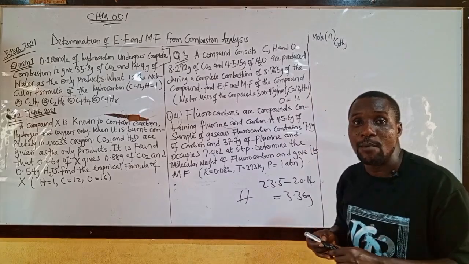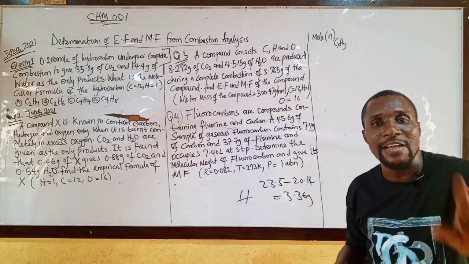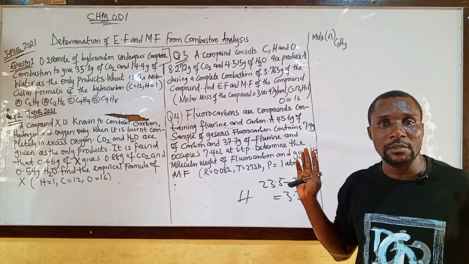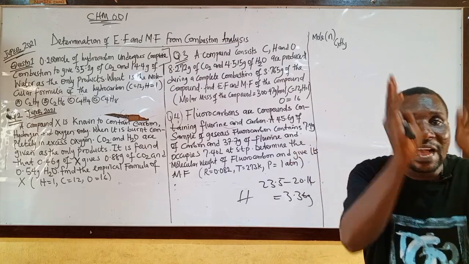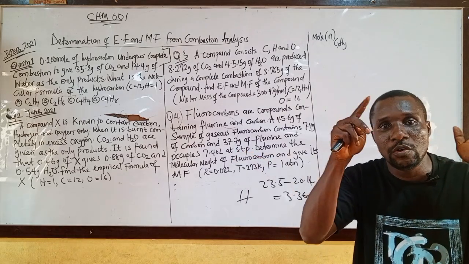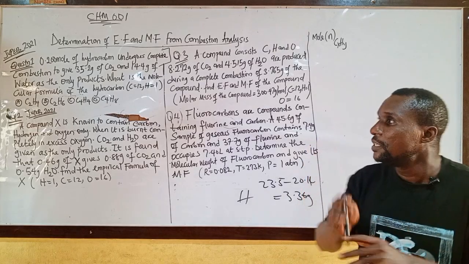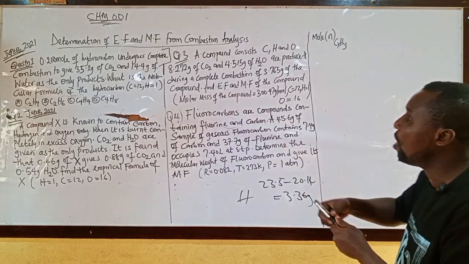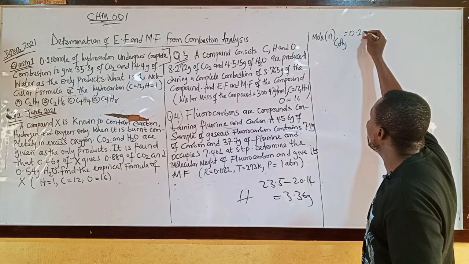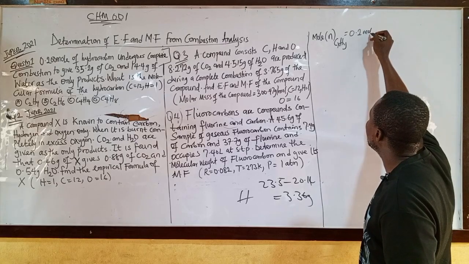What's the meaning of a hydrocarbon compound? It's a compound that contains carbon and hydrogen only. Any compound that contains hydrogen and carbon only is known as a hydrocarbon. Then they give us the mole of the hydrocarbon compound as 0.2 mole.